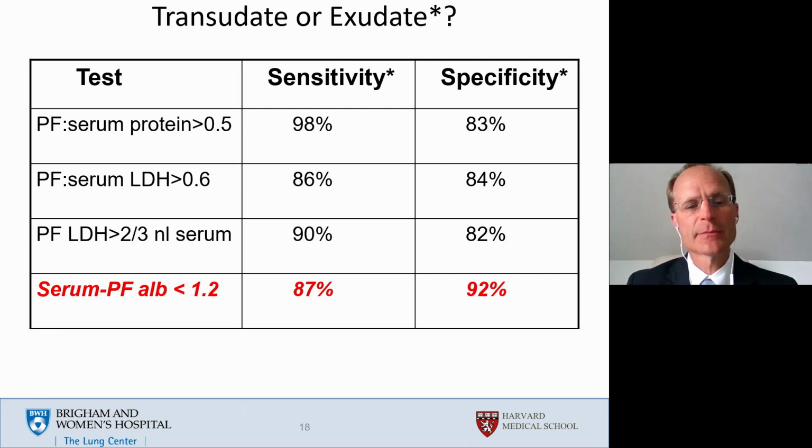Whereas the serum to pleural fluid albumin gradient is more specific for a transudate, but a little less sensitive for identifying exudates. So if a patient has a borderline, uncomplicated appearing exudate by Light's criteria, and the serum to pleural fluid albumin gradient is less than 1.2, then a definition of a transudate is reasonable to reach.